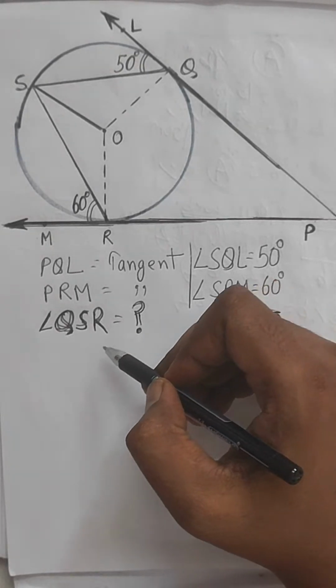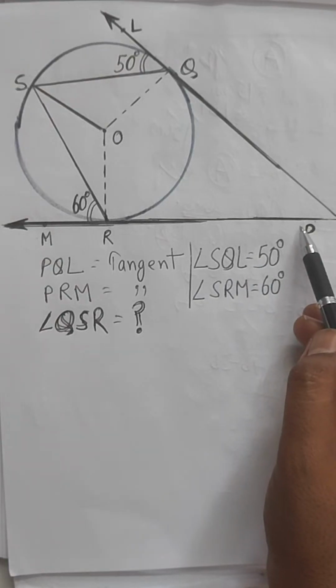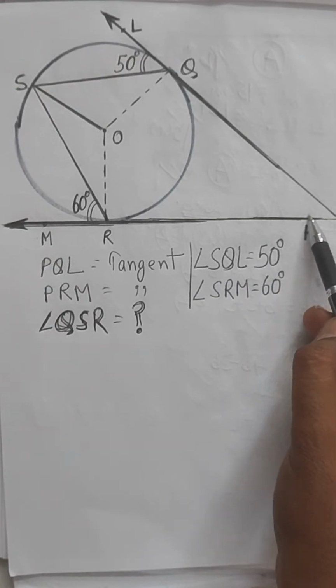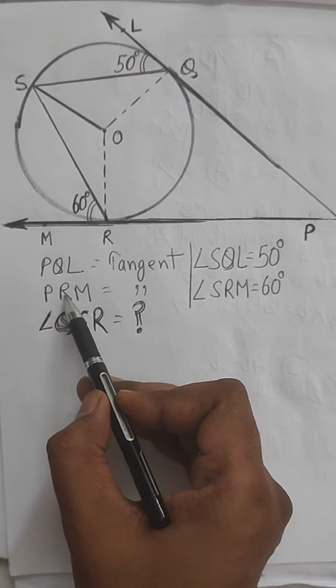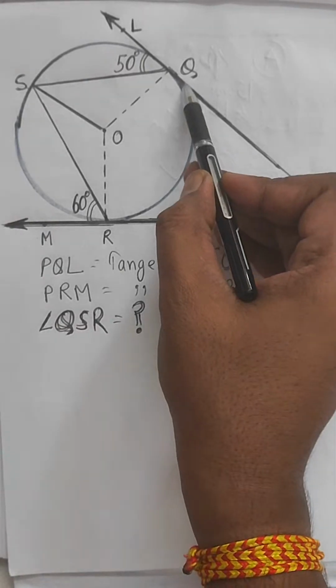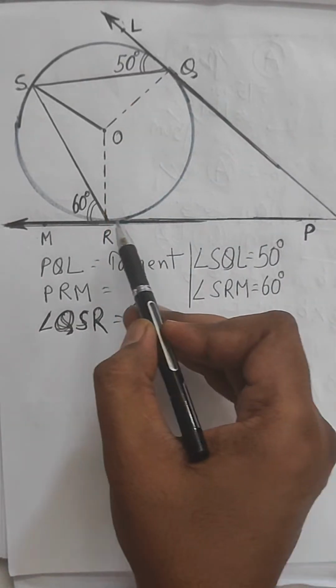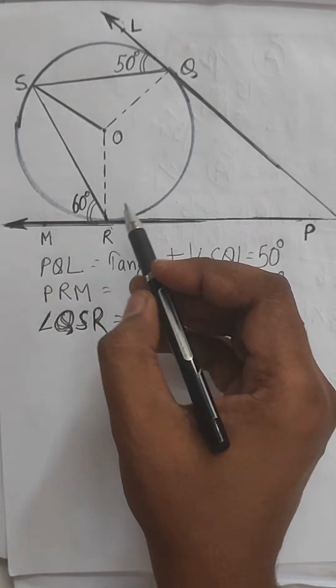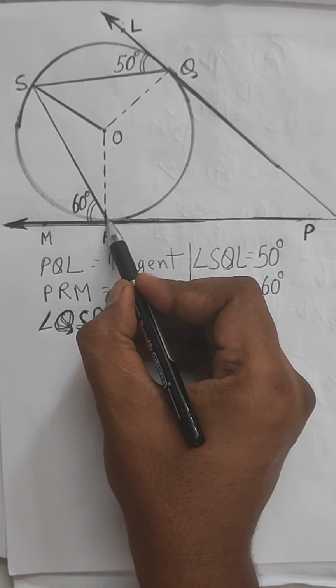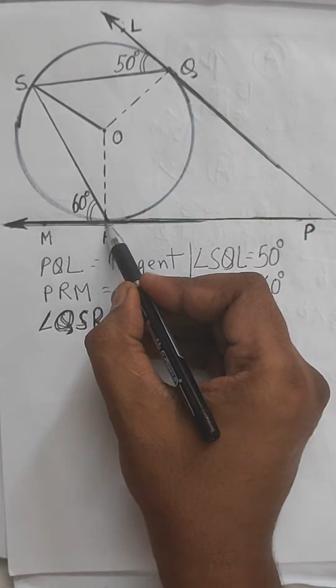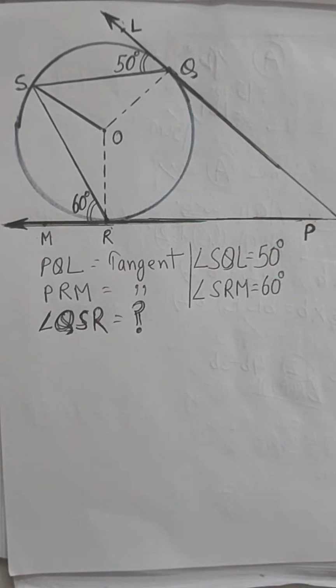So students, here you can see P is the external point and two tangents PQL and PRM. These are the two tangents touching the circle at Q and R respectively, right?